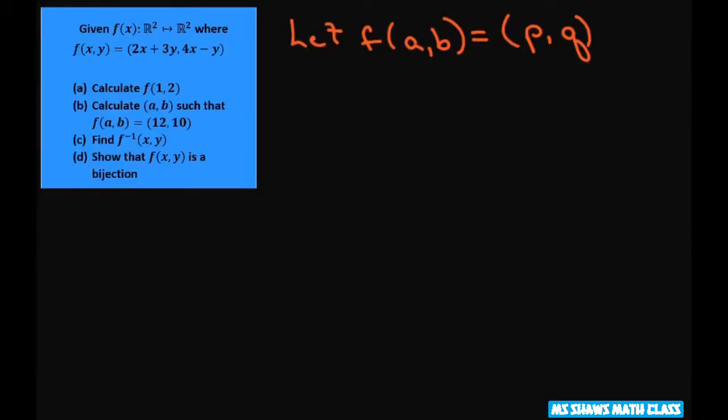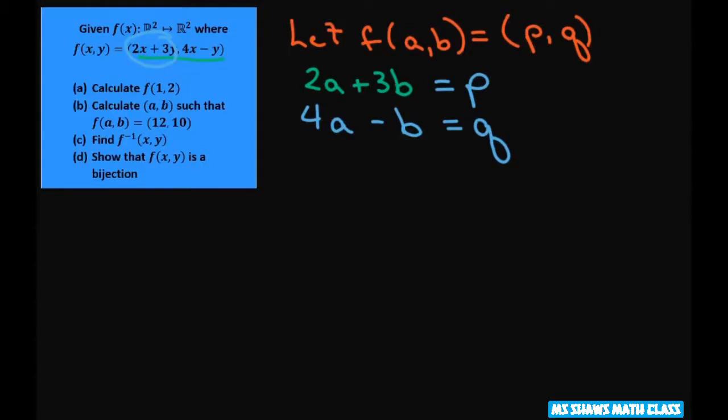So basically, let's plug the a and b in. So you get 2a plus 3b. Remember, this is your x portion, or your a portion, and it's going to equal p. And then your 4a minus b equals your q.